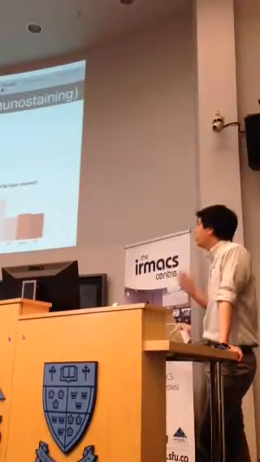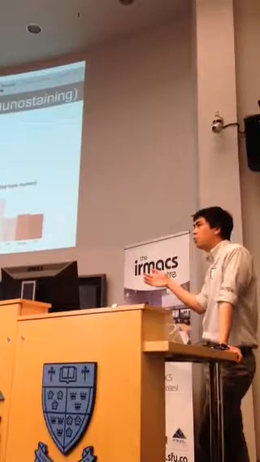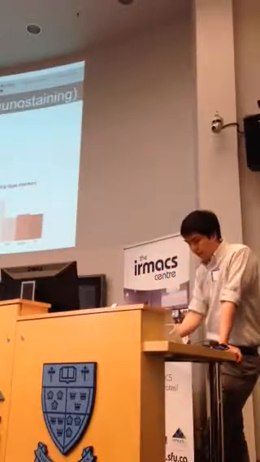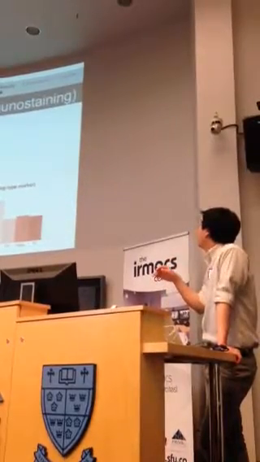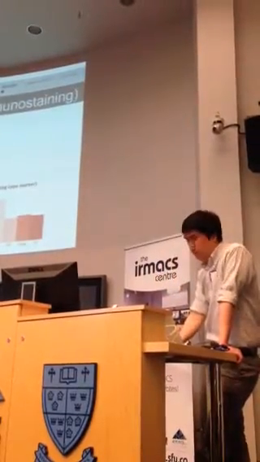And the reverse is true: the softer the substrate, the more working cells we see. This is done using immunostaining of the protein, using an instrument known as the flow cytometer.